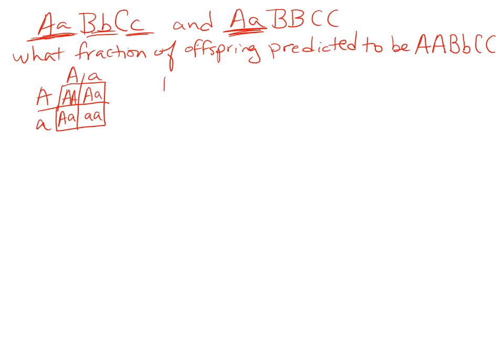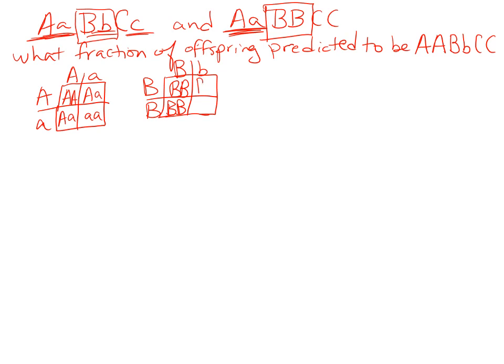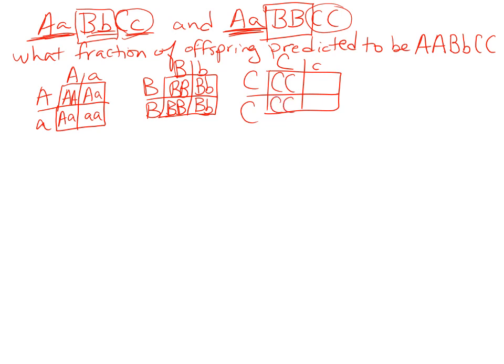Then you make a second Punnett square for the second trait, which in this case you have heterozygous for B crossed with homozygous dominant for B. Okay, so you'll have capital B's over here and heterozygous over here. And then you have a third trait, so you do your third Punnett square for the heterozygous C and the homozygous dominant C. And again, it looks very similar to your second Punnett square.